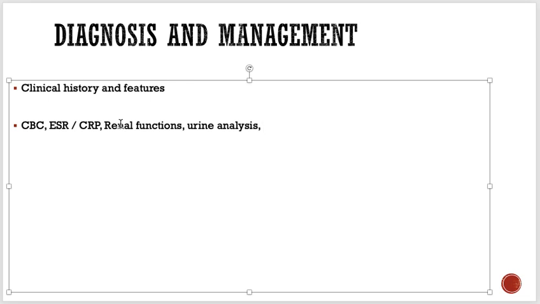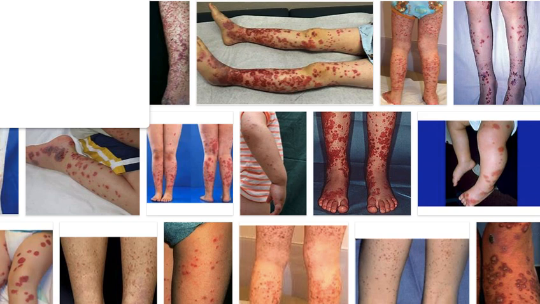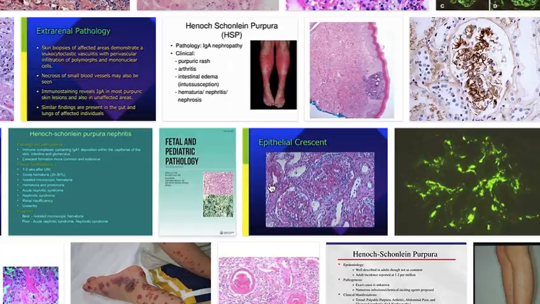Now, we can do a skin biopsy of the lesion, which will show the deposition of IgA and C3, very important. Nowadays there are immunofluorescence techniques. I can show you over here, skin pathology or biopsy. They can do this immunofluorescence test and see the deposition of IgA as well as C3.